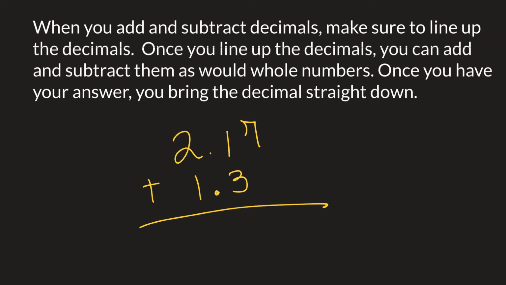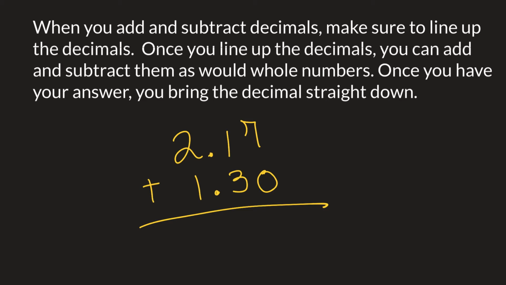Now I know some of you might be a little bit confused because you notice that when we line up the decimals, we do not have a number right here in the hundredths place. So what we can actually do is put a 0 there, because we know that if we add a 0, it does not change the value of that number. Okay, it's still going to be equivalent.